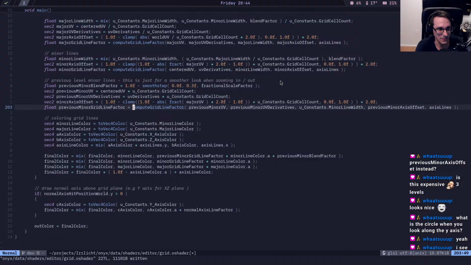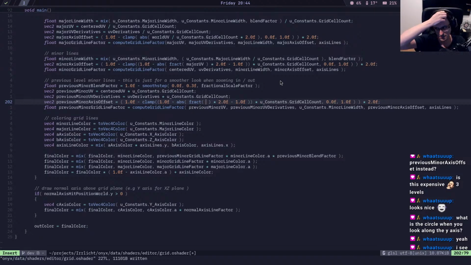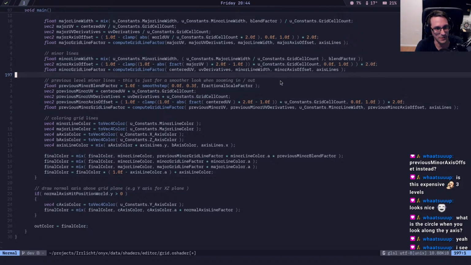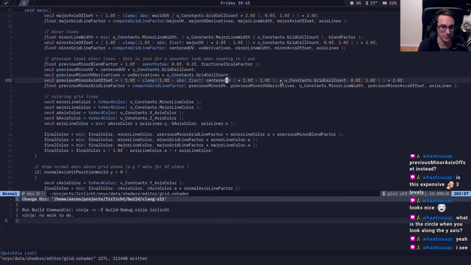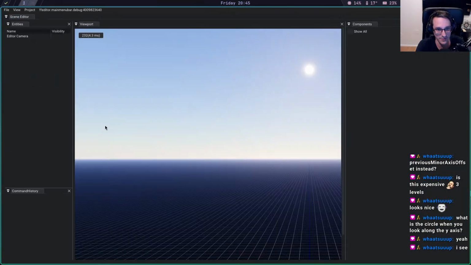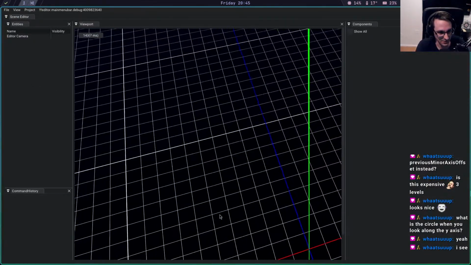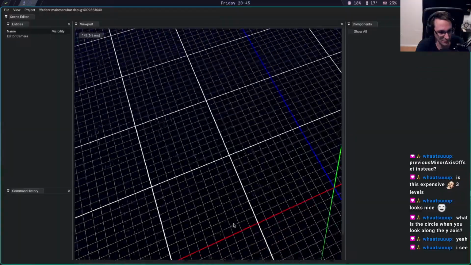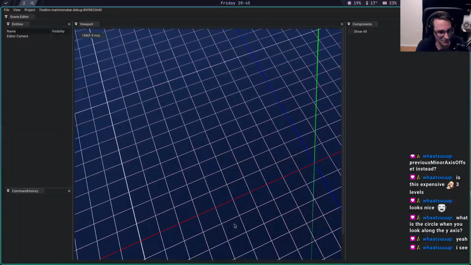I think that's it. It's this, and then this is our centered UV, I think, right? Because the centered UV is what we draw the minor lines with, and then we offset those based on the centered UVs. Yeah, I think I took the wrong line. I copied the major line offset and not the minor line offset. So let's see if that looks better, right? It doesn't have the weird artifact that it had before.